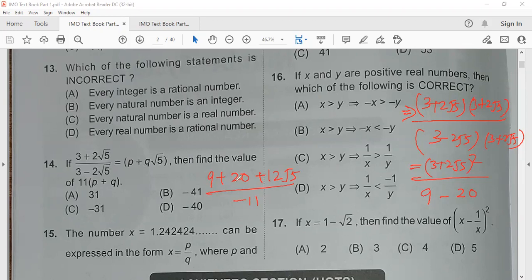Okay, so if you simplify this one, this is 29 by minus 11, you will write here, and plus 12 upon minus 11 root 5. If you compare this one, P and Q, P is this one and Q is this one. So now here, just wait, give me 1 minute.